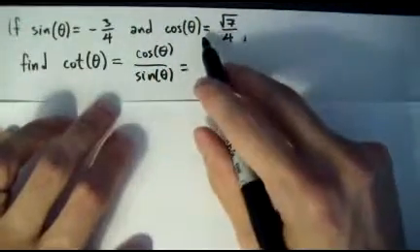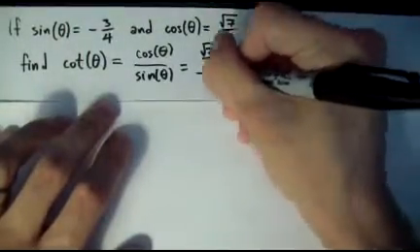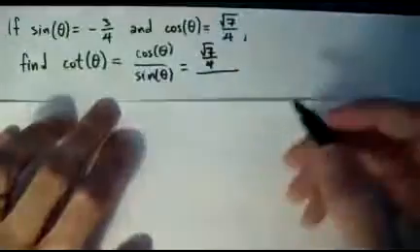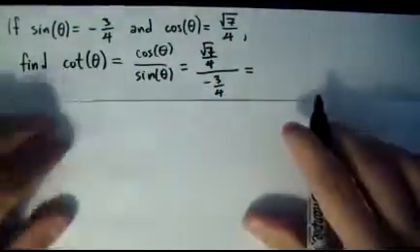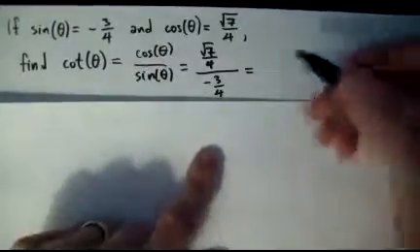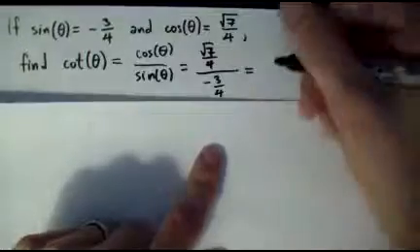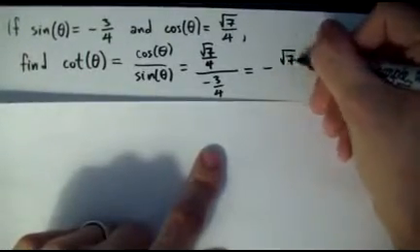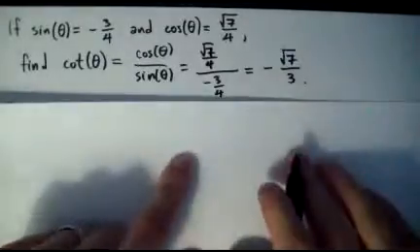And we're told that cosine of theta is square root of 7 over 4, and that sine of theta is minus 3/4. And again, we can multiply top and bottom by 4. They cancel, leaving us with the square root of 7 over minus 3. So minus the square root of 7 over 3 is cotangent of theta.